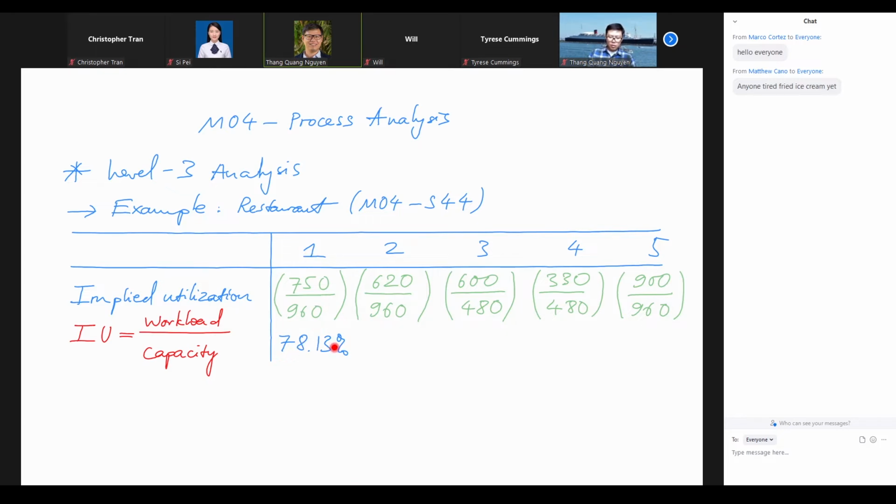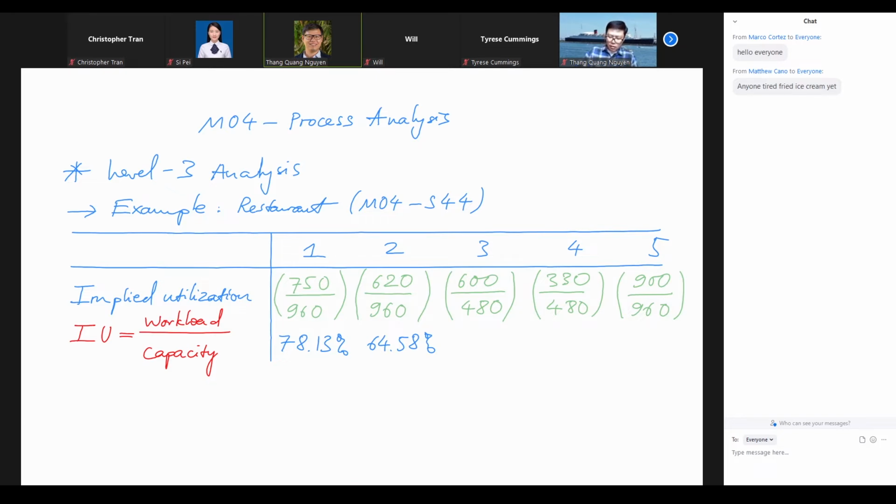So we can do it because we have enough people to do it. And then at station 2, we have 64.58%. So that's only 64% of the capacity, right? So we have enough capacity to handle that demand.